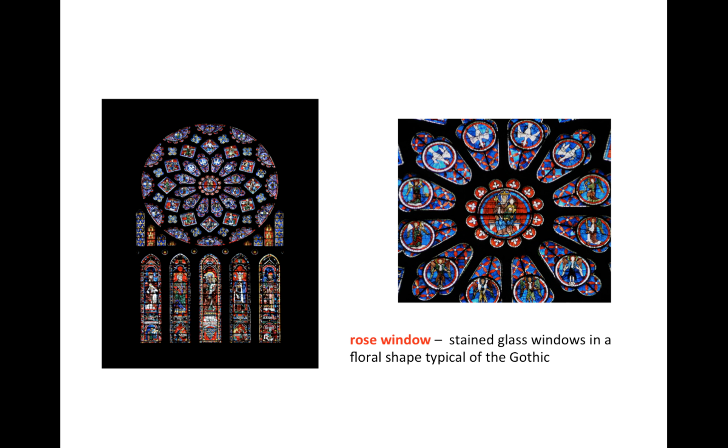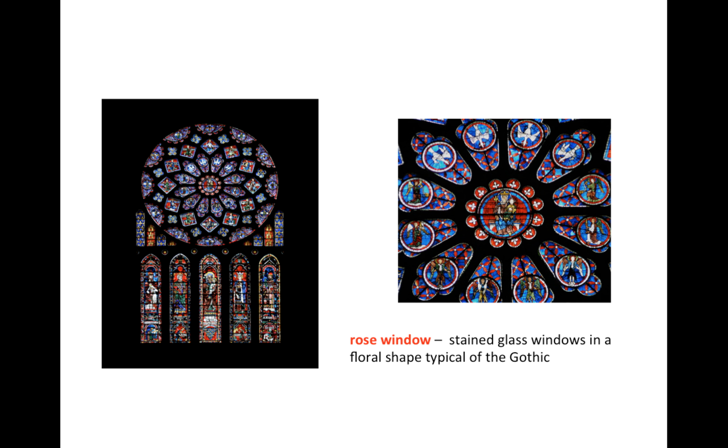Below this central rose format here, we see 5 larger lancet windows that portray Saint Anne, the mother of the Virgin Mary, with the Virgin, of course, and we see them flanked by 4 of Christ's Old Testament ancestors. So this reinforcement of church and state in France is very referenced here.